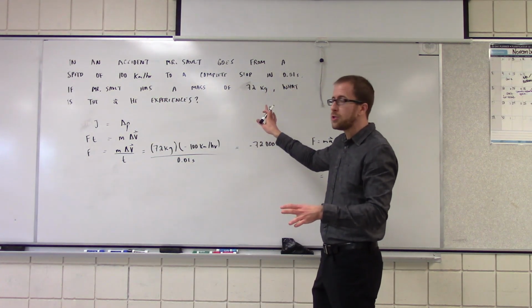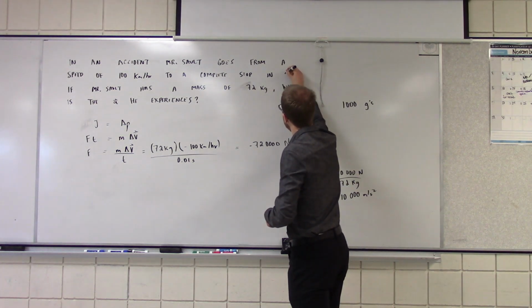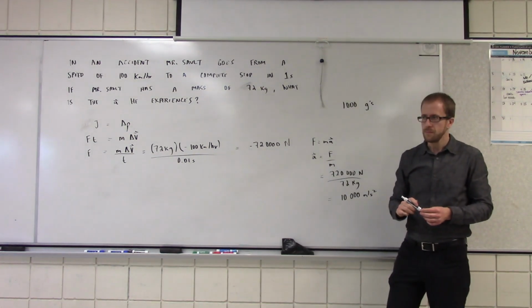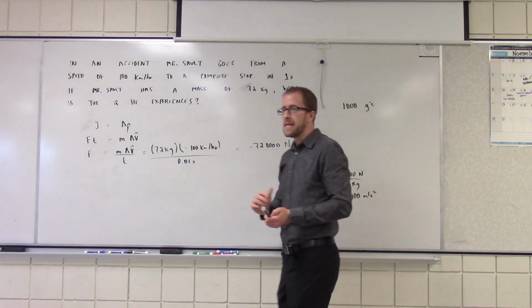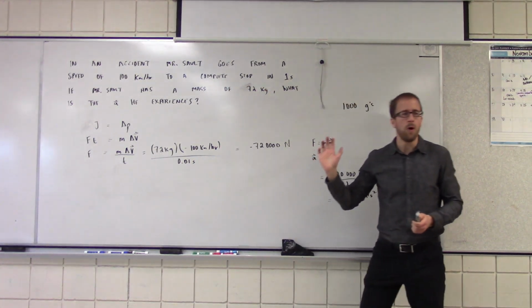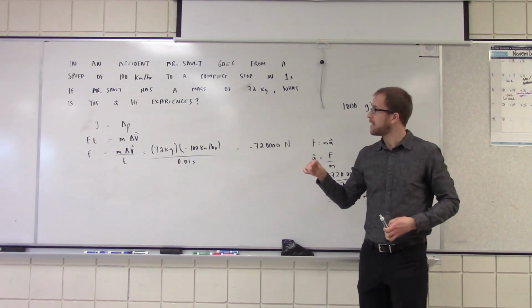The only thing I'm going to change here is this. We'll say instead of 0.01 seconds, it took 1 second. Actually it's probably unrealistic, but that's fine. It'd probably be more like 0.25 or 0.5 of a second.